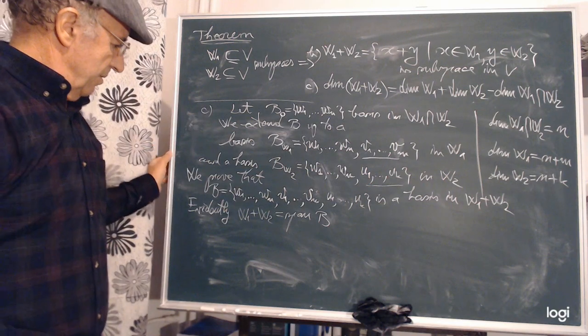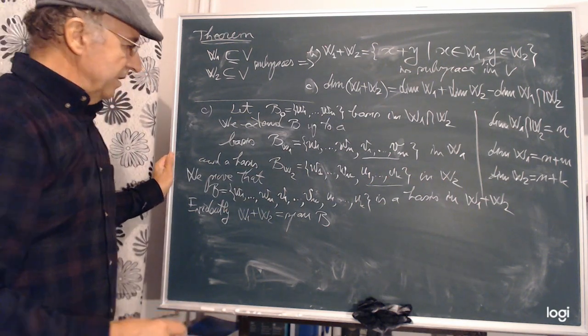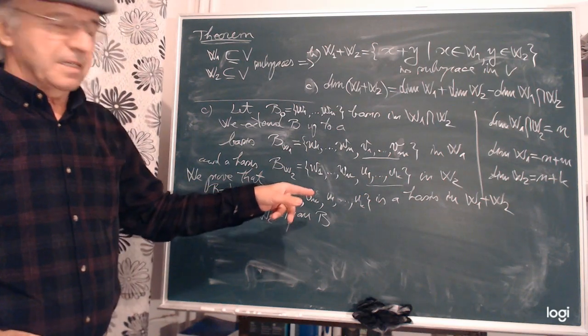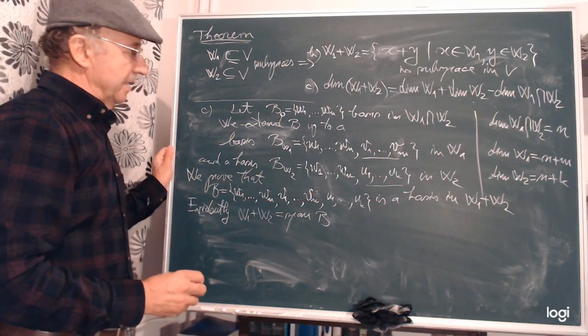It remains to prove that B is a linearly independent set.